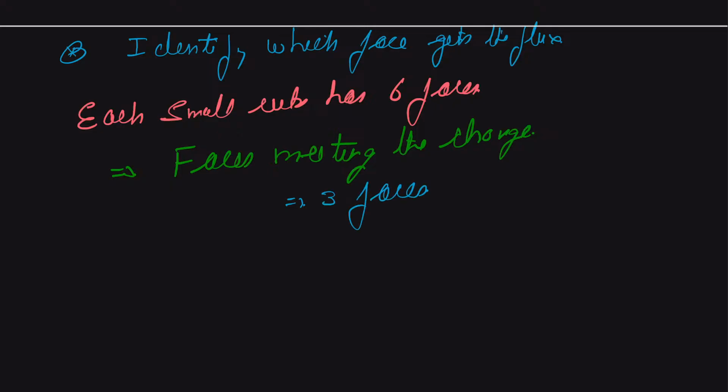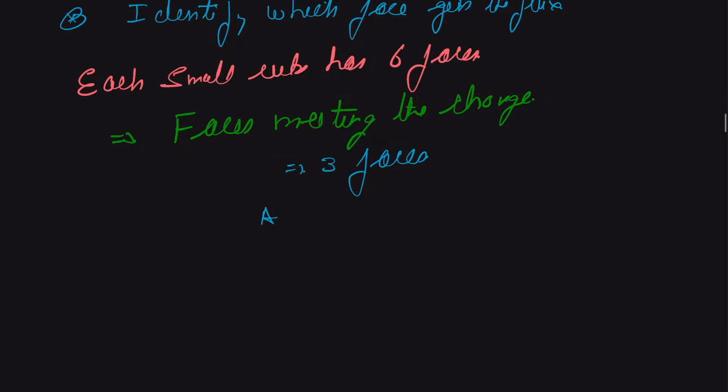These 3 faces will be ABCD, then backward is our CDEF, and the third one will be BGFC. These are the 3 faces touching the corner C.